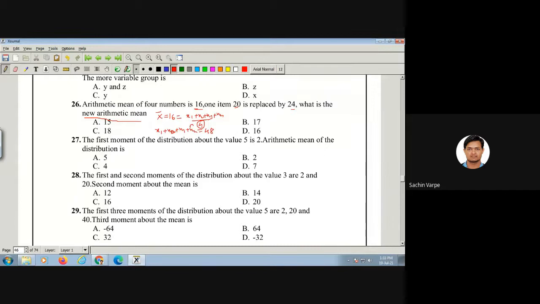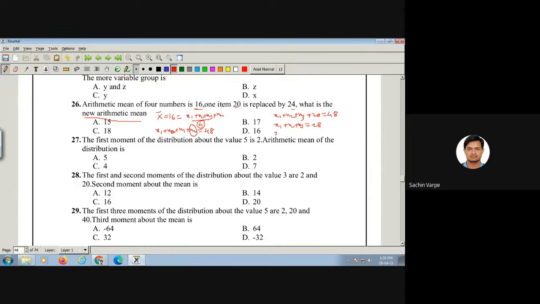One number here was 20 earlier. So from here I'll get x1 plus x2 plus x3 plus 20 is 48. So from here I get x1 plus x2 plus x3 is equal to what? 48 minus 20, that is 28.